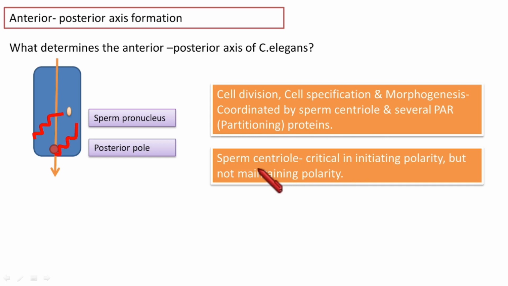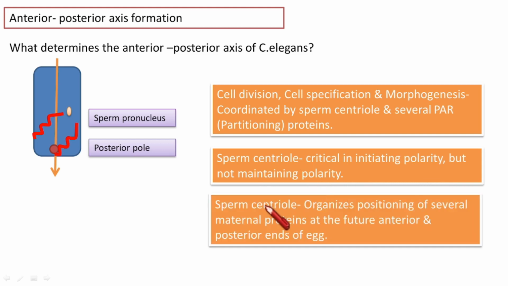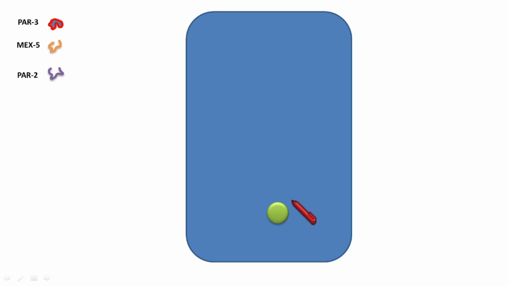And this sperm centriole is very critical in initiating the polarity, but it is not maintaining the polarity. It also organizes the positioning of several maternal proteins at the future anterior and posterior ends of the egg. So these are some of the importance of the sperm's centriole.